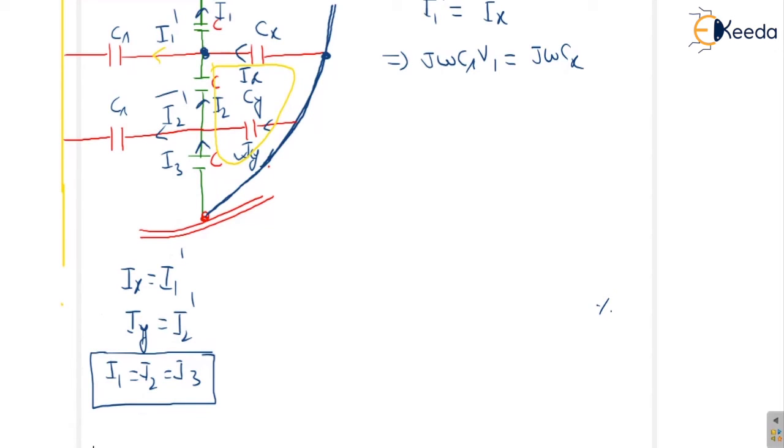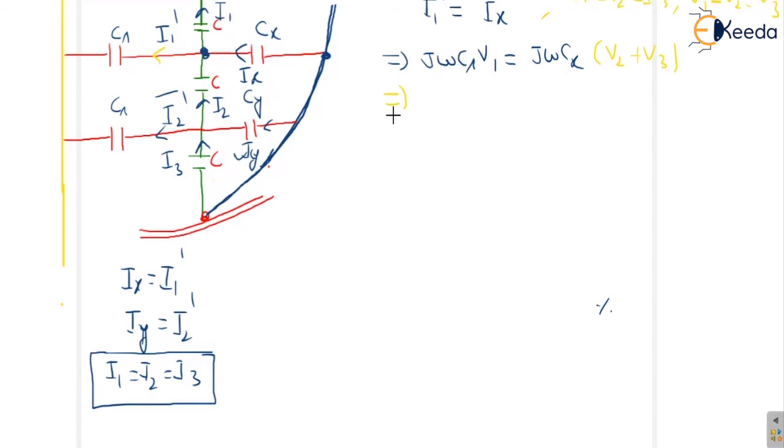When we complete this loop, you can easily see that the voltage across Cx is V2 plus V3. So we can write clearly V2 + V3. But if I1 is equal to I2 is equal to I3, then V1 is equal to V2 is equal to V3. We know that.